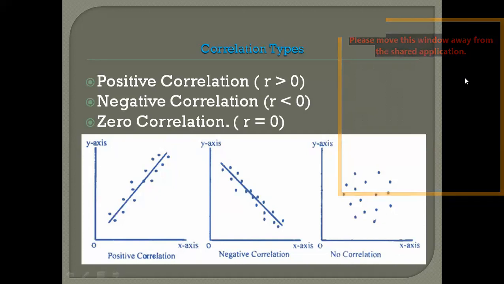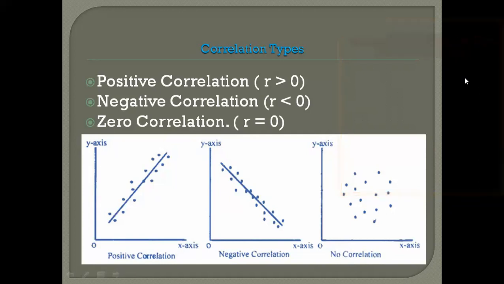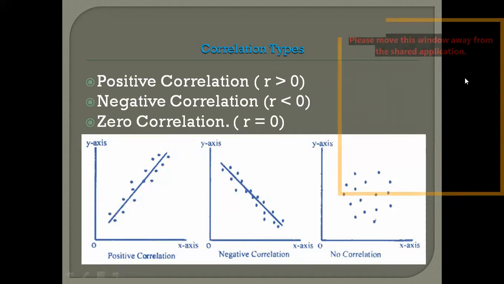It does not only tell you that the two are related, it tells you something more about it. Like if the value of R is greater than 0, let's say this is an x-axis and this is a y-axis, we say this is a positive correlation, right?